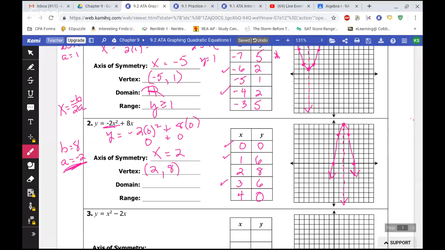All right, what is the domain for this one? What is the domain for this parabola? Grayson, do you know?